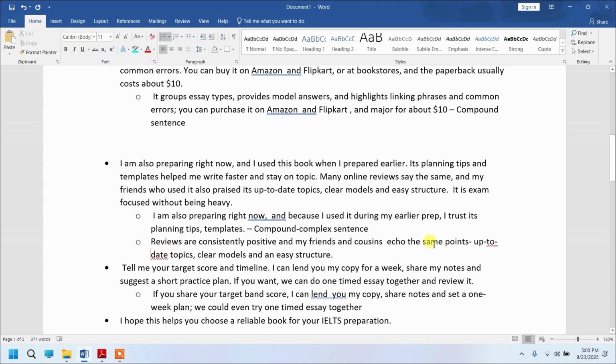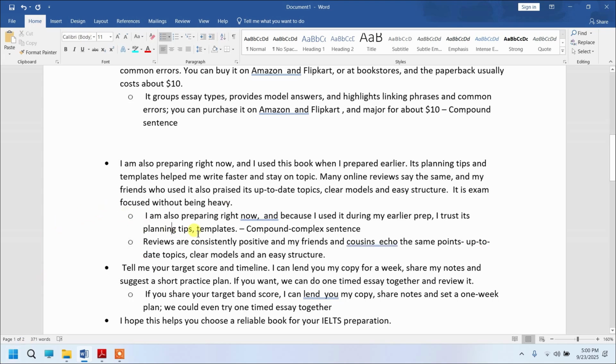Okay. Now, just 1 minute. So up-to-date topics, clear models, and easy essay structure. Many reviews and my friends and cousins. So I need to put a comma here. There was a mistake, and this is my compound sentence.